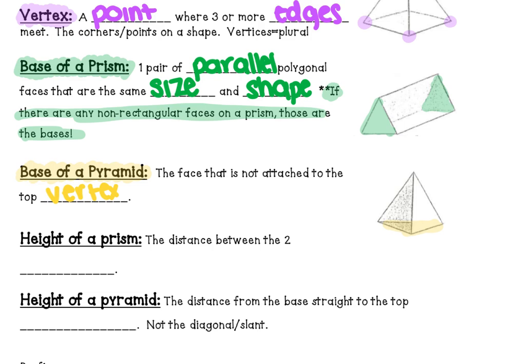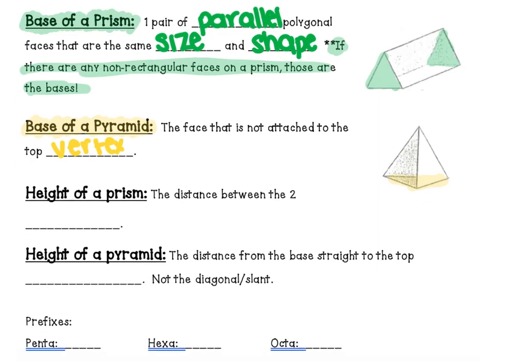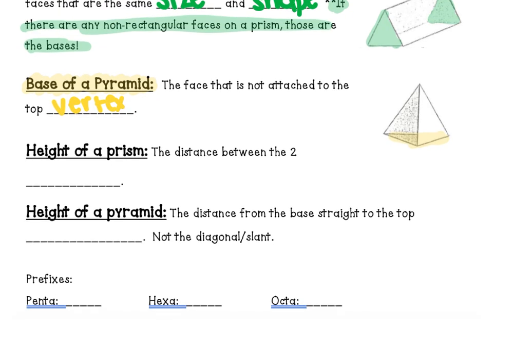All right, we're going to finish out the rest of this vocab, and then I'm going to go into more detail about these definitions to show you a little more of what I'm talking about. The height of a prism is our next one. The height of a prism is just the distance between the two bases. These ones we're just writing in pencil.